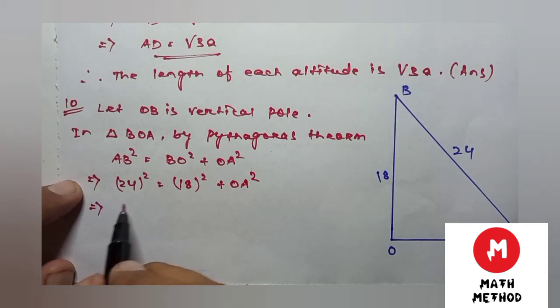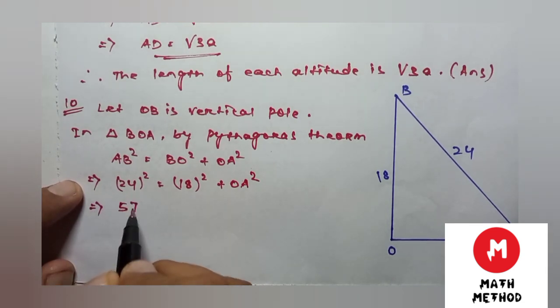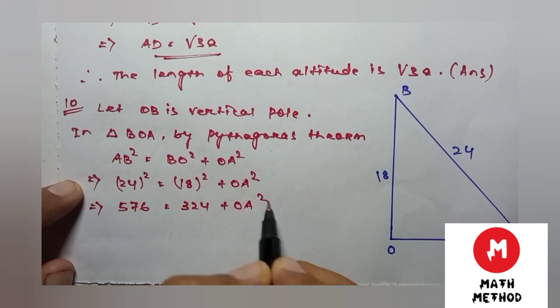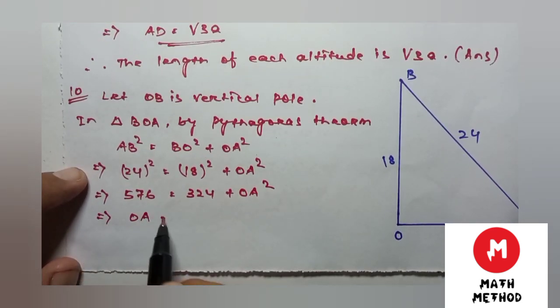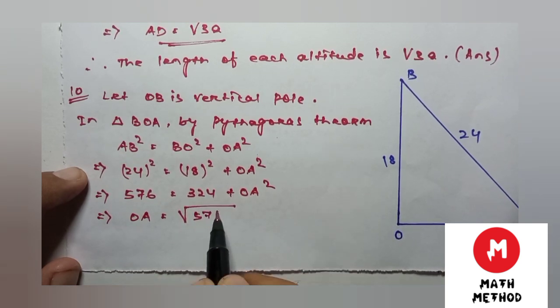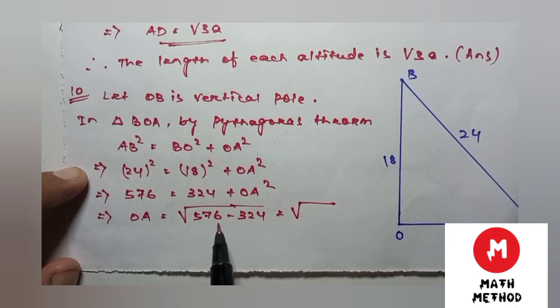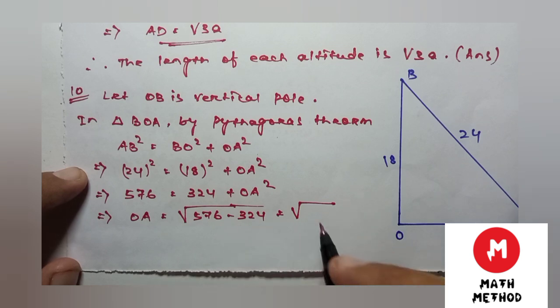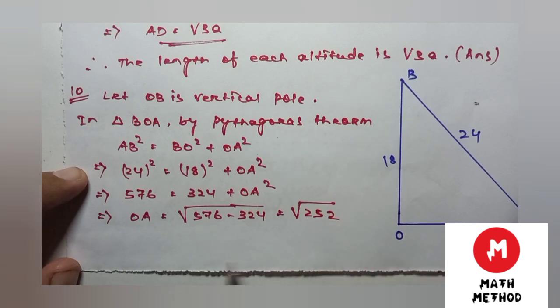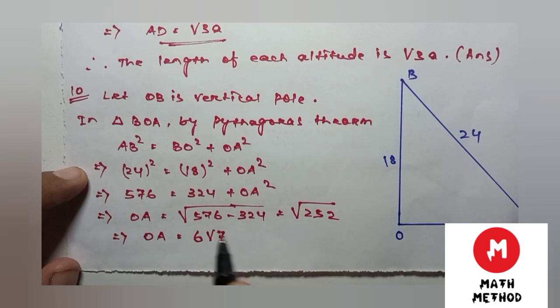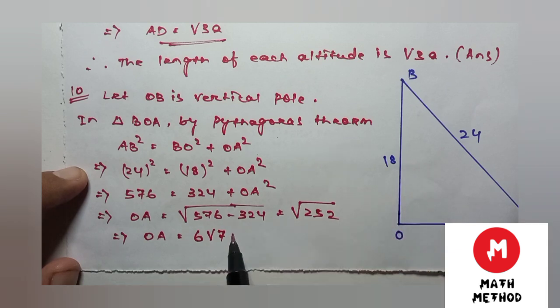Now implies 24 whole square is our 576 is equal to 18 square is our 324 plus OA square, implies OA is equal to root over 576 minus 324, which is root over 252, implies OA is equal to 6 root over 7, which unit is meter.